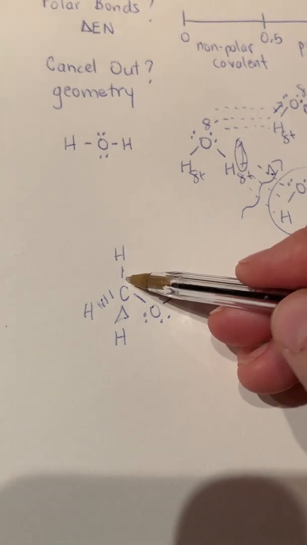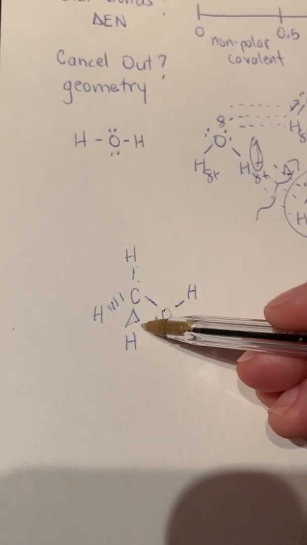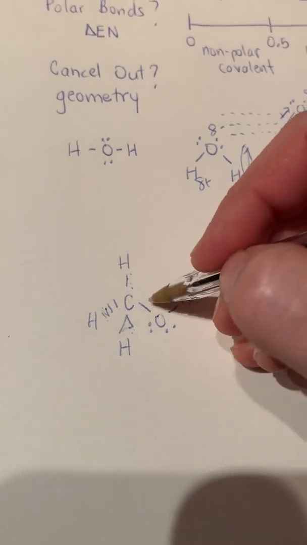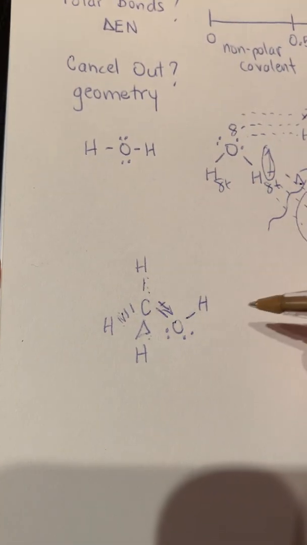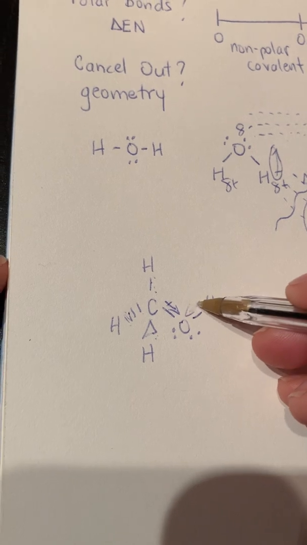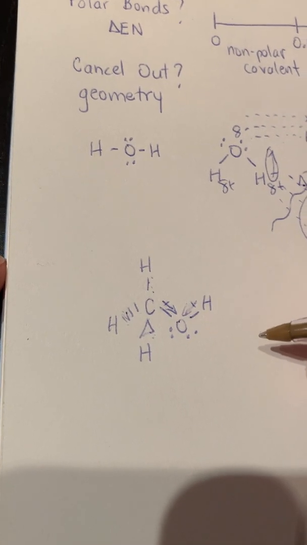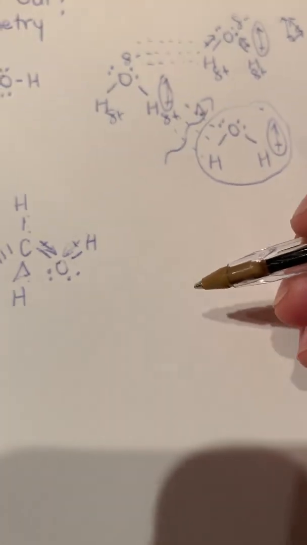Here I have electronegativity differences that are less than 0.5, they're 0.4, so these are non-polar bonds. This is a polar bond with a more electronegative oxygen, and this is a polar bond as well. These do not cancel each other out, therefore I have an overall dipole, and this is a polar molecule.